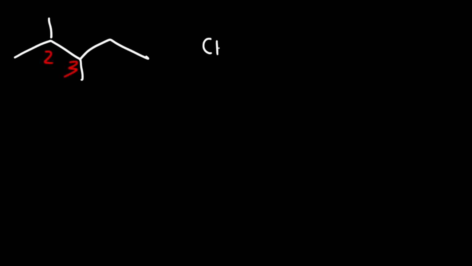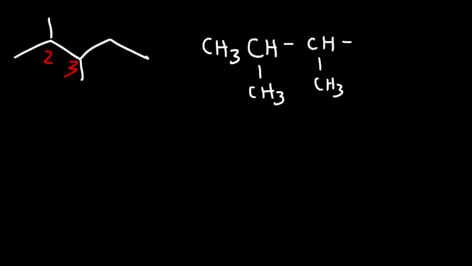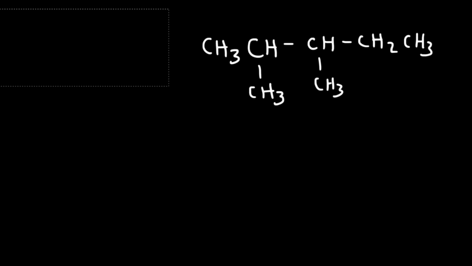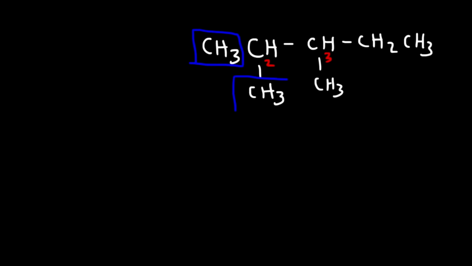So this is CH3, and then we have a CH, and then another CH3, and then it's a CH, CH3, CH2, CH3. So this is carbon 2, and this is carbon 3. So carbon 2 has two methyl groups, and it has a hydrogen.